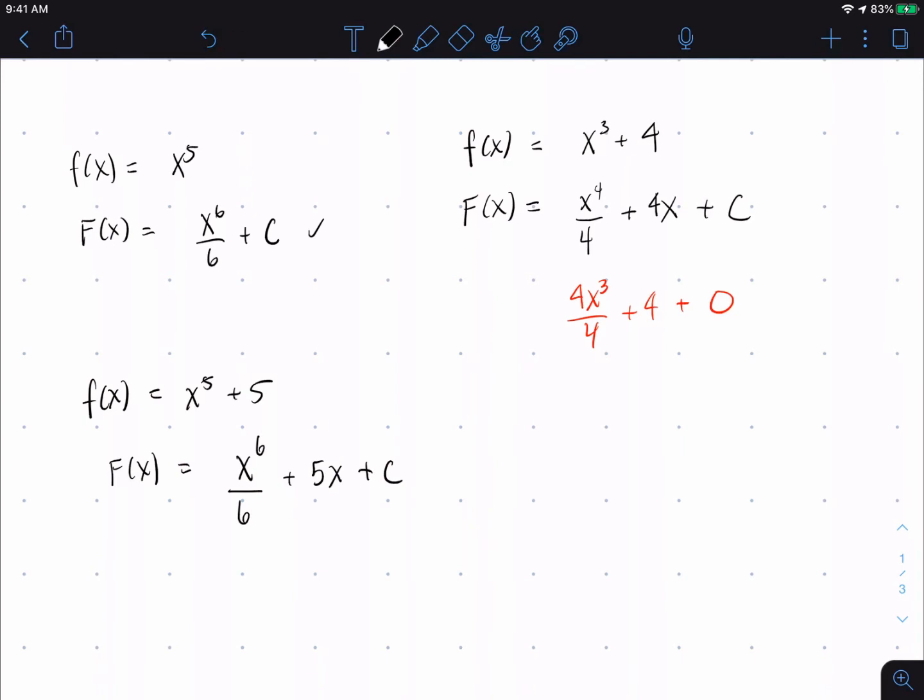Awesome. Now, let me throw in a little bit more advanced one and see if you can get it, and then I'll move on to a different example. What if I gave you 3x to the fourth plus 2x plus 3? Go ahead and try this one, and then I'll do it for you so you can make the connection. I wanted to throw a coefficient in front to see what that does to you.